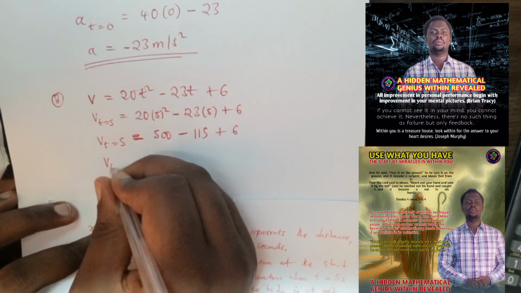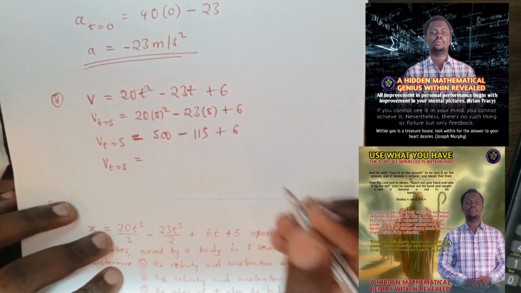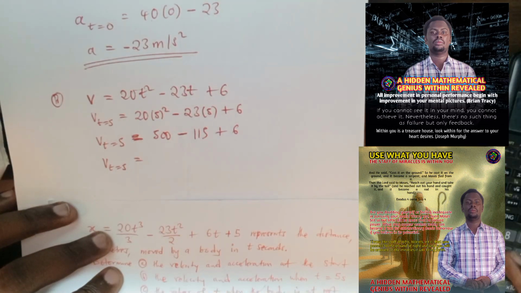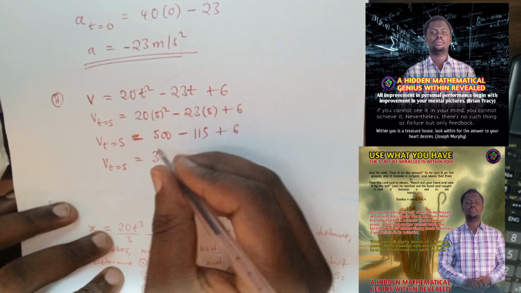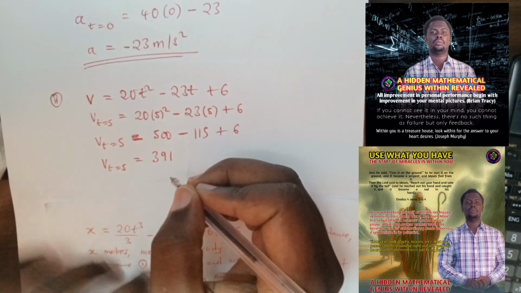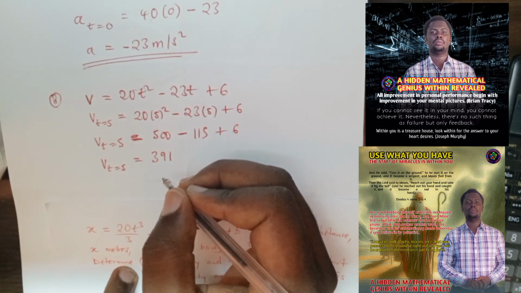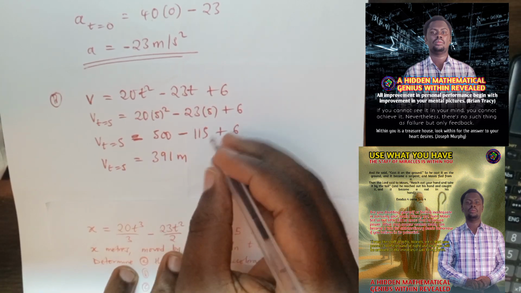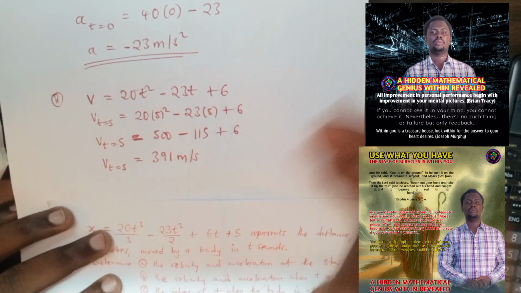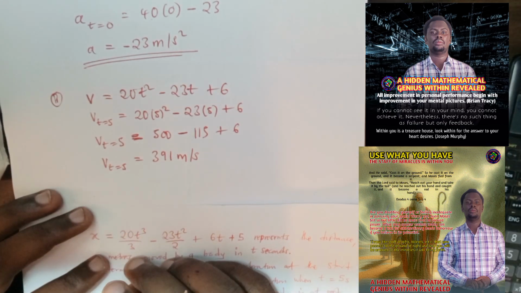So v at t is equal to 5 is 500 minus 115 plus 6, you get 391 meters per second. That is when t is 5 seconds.